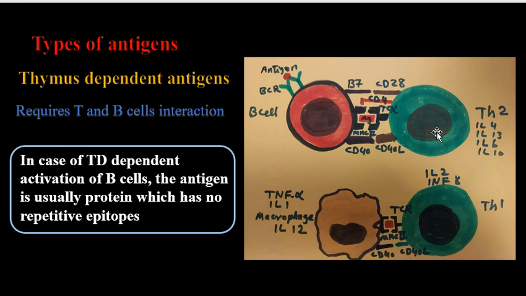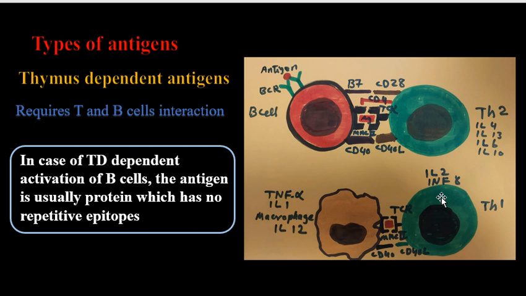However, T helper 2 interacts with antigen expressed on the surface of a B lymphocyte in association with major histocompatibility class 2. So this is known as cross talk.